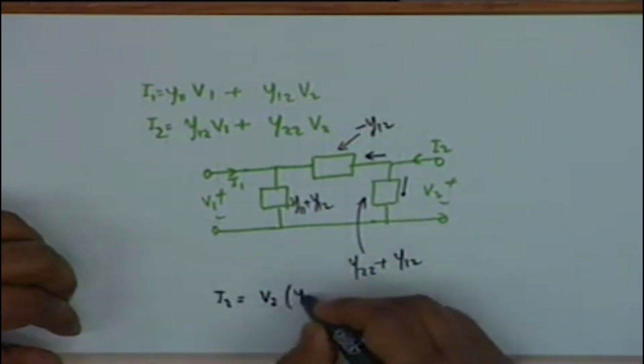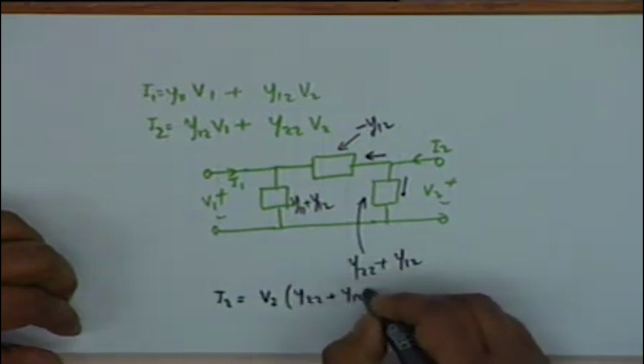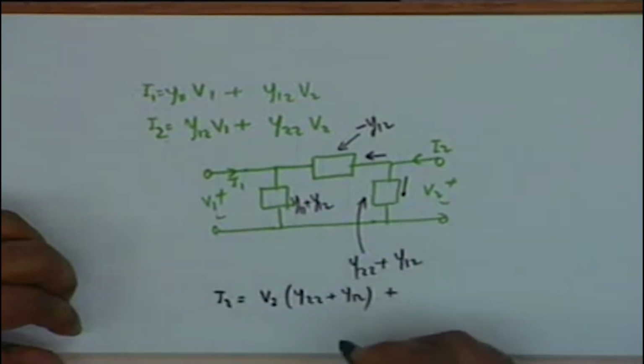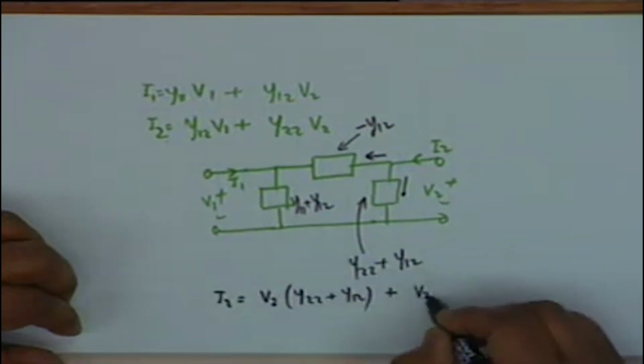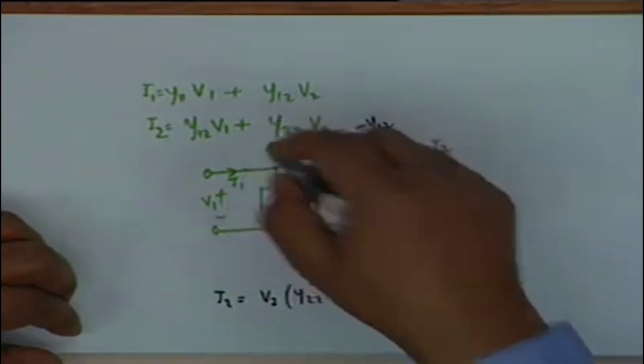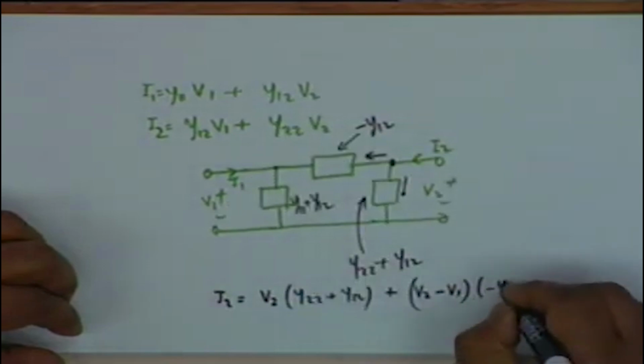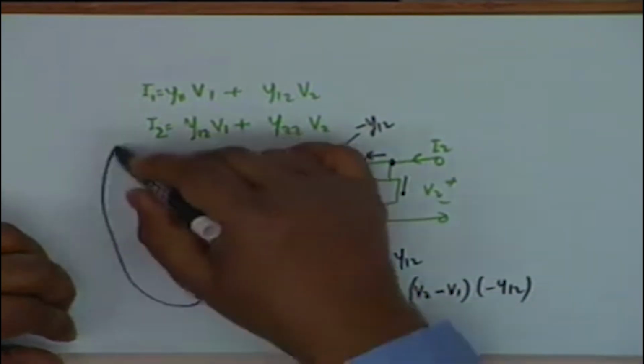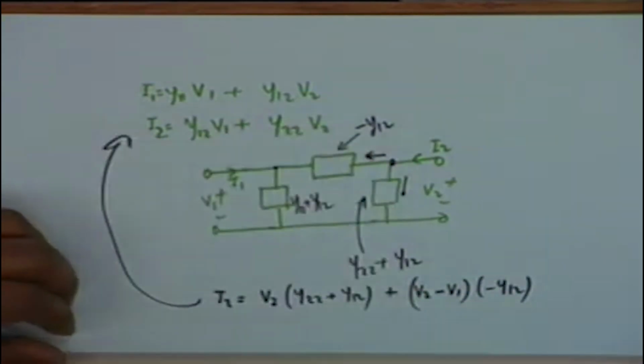I2 is V2 times Y22 plus Y12, plus V2 minus V1, this voltage is V2, this voltage is V1, multiplied by minus Y12, and you see that this is precisely the second relationship. And in a similar manner you can show that the first relationship is also valid.